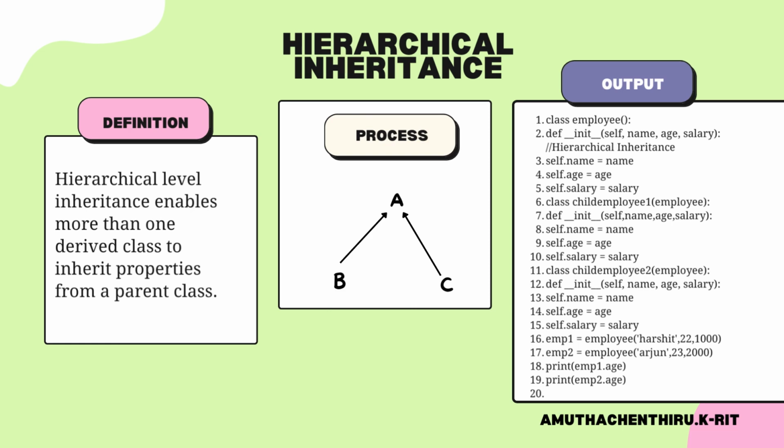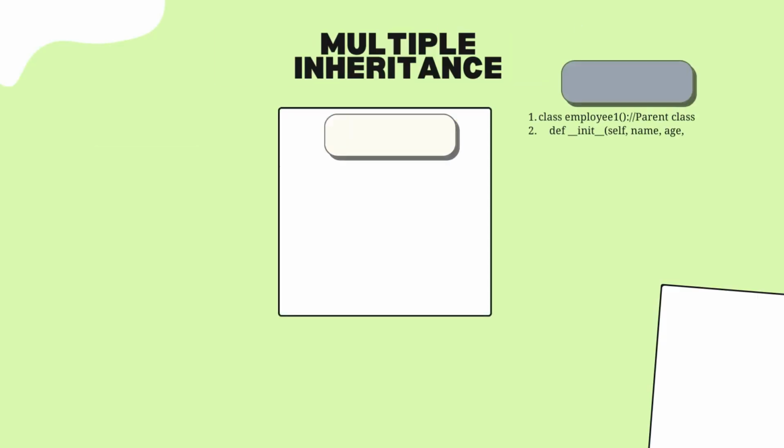They are inheriting functionalities from a common parent class, that is employee. Objects M1 and M2 are instantiated against the parameters name, age, and then salary. In this example, the output is 22 and then 23.